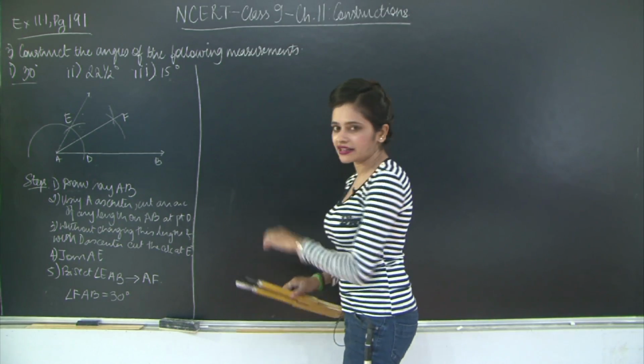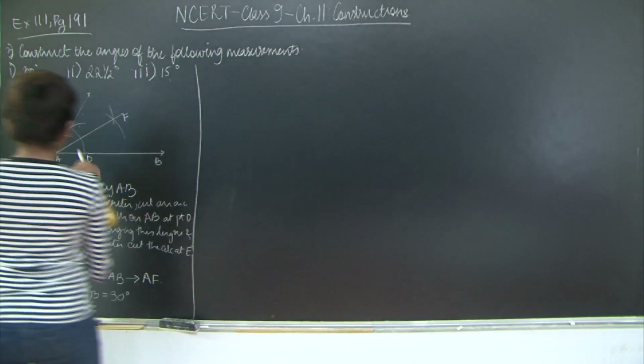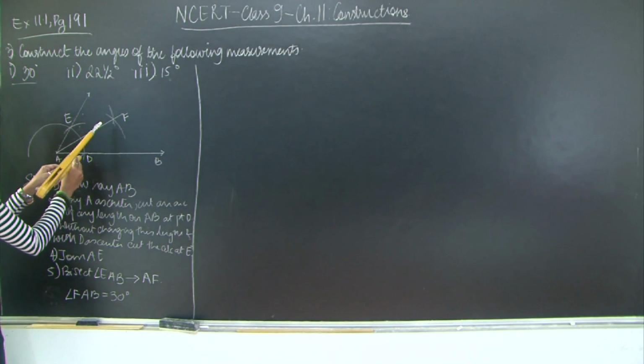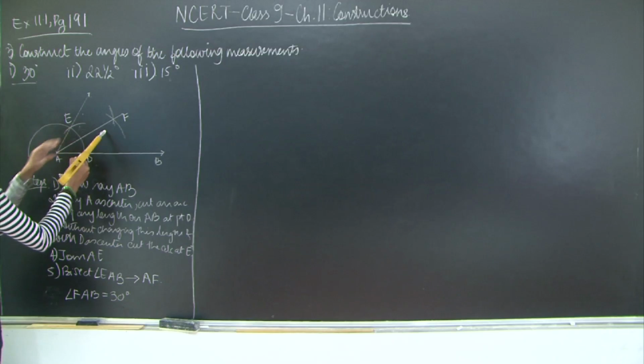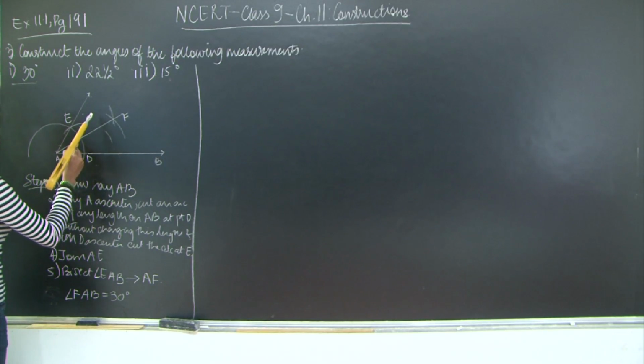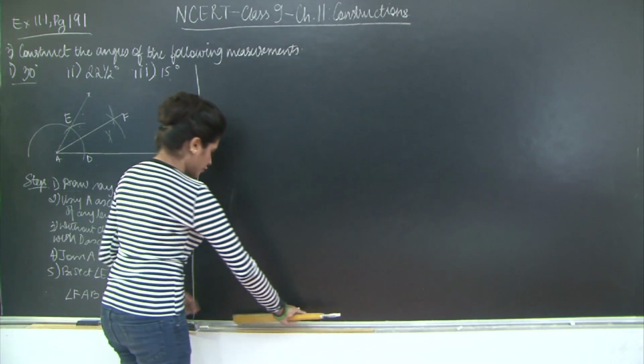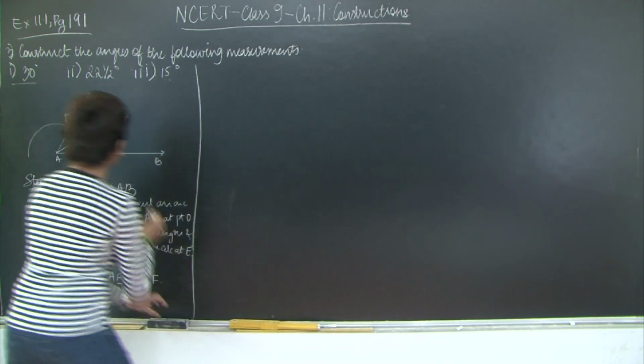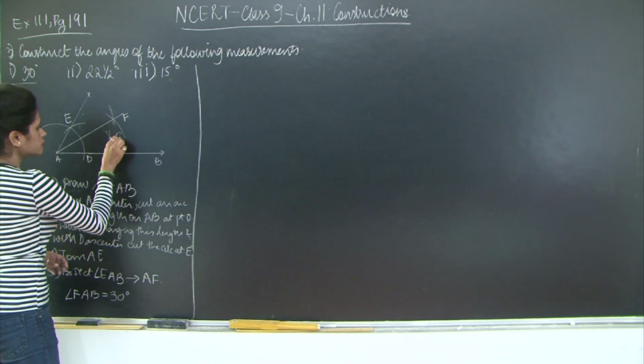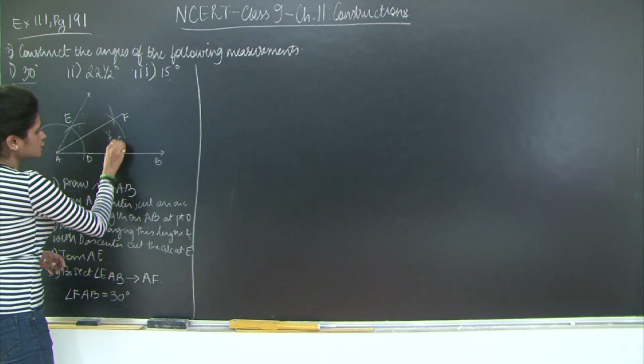So once you have done this, you're going to bisect angle FAB. Let this point of intersection of the two arcs be G. So let's write down G over here.